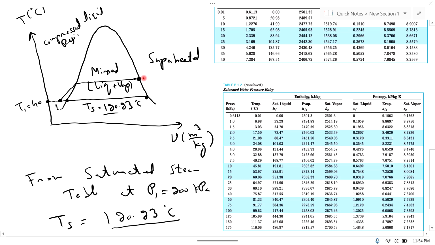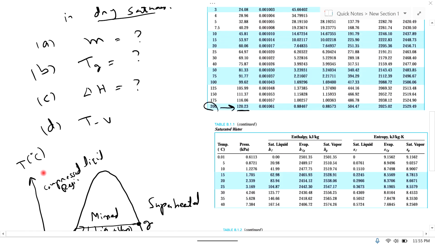So this is the initial point, point 1, and this is point 2. So this is the T-v diagram for the steam. Initially the working fluid is in the subcooled or compressed liquid region, and finally it is on the saturated vapor line, dry saturated vapor.